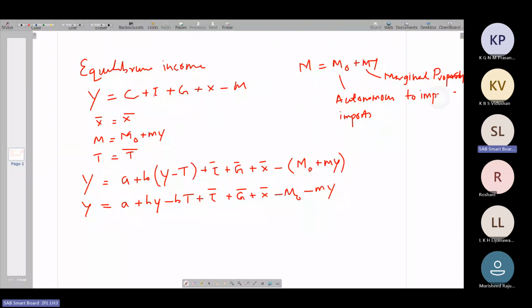So that means when income increases, how much imports change. How much imports change due to a change in income is explained by the marginal propensity to import, right?